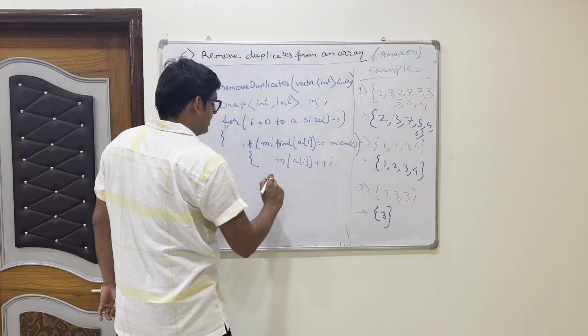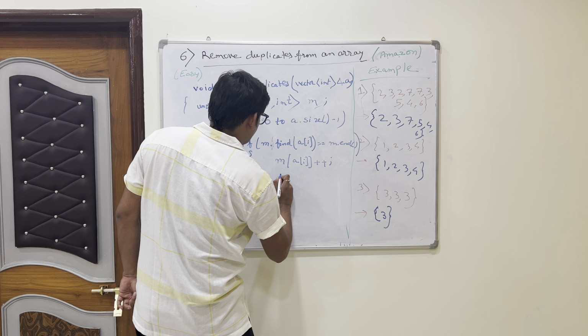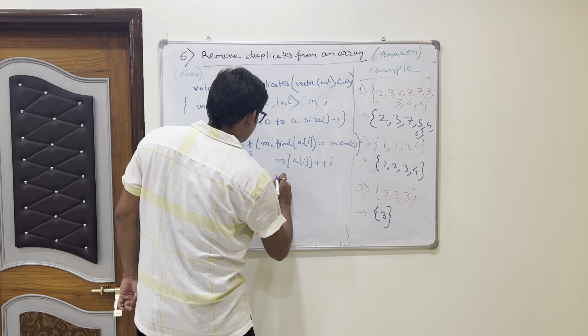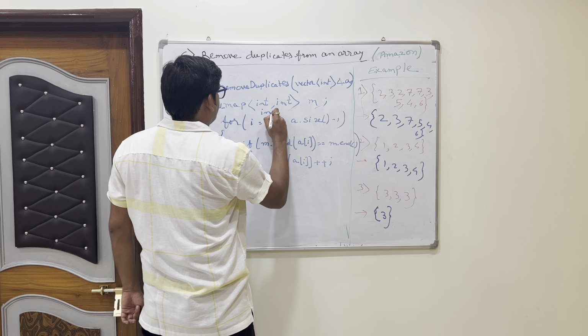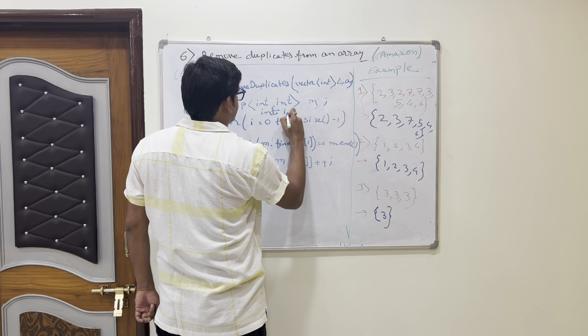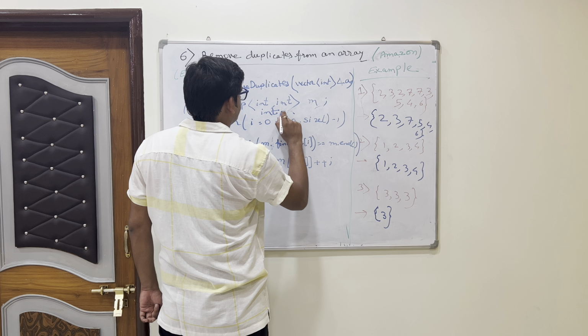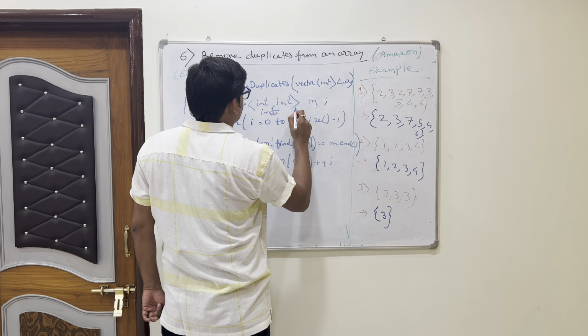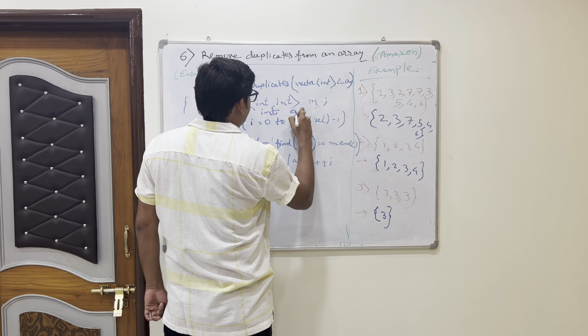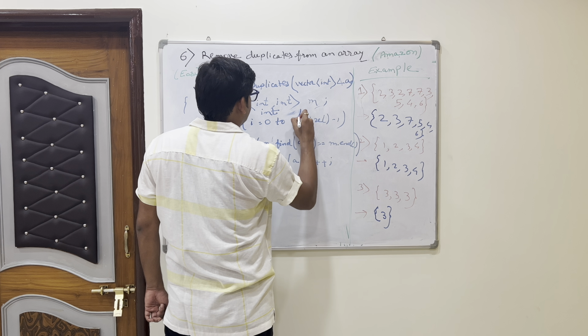Then what we'll do, we will take another variable, say an int index, or we can take anything, int p.